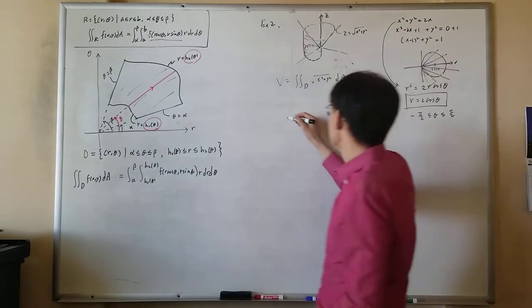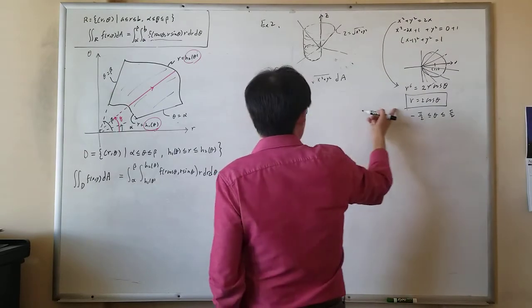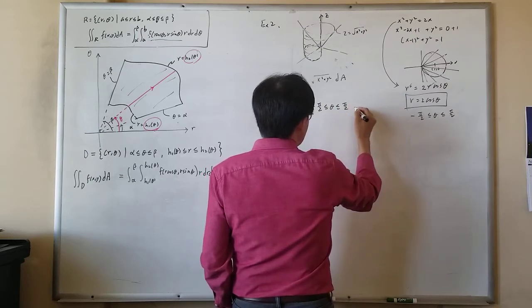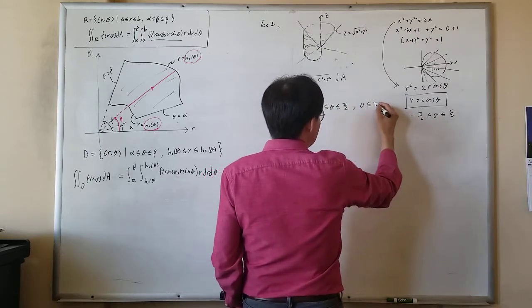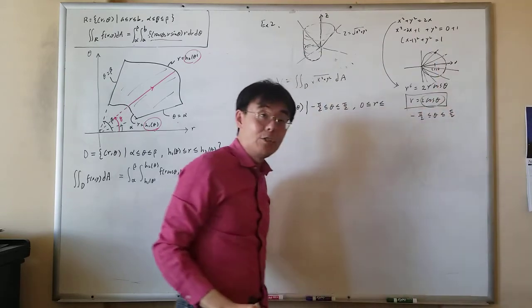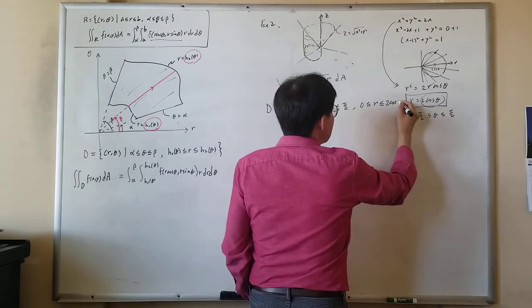So your domain D can be written in polar coordinates: theta runs from minus pi over 2 to pi over 2, and r always runs from 0 to this one. This is your h2 of theta, 2 cosine theta.